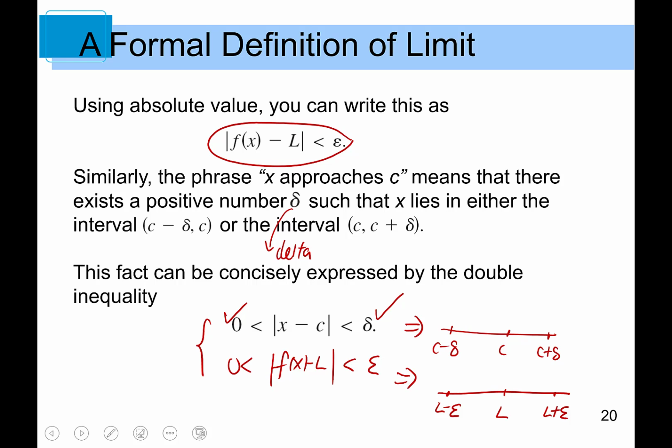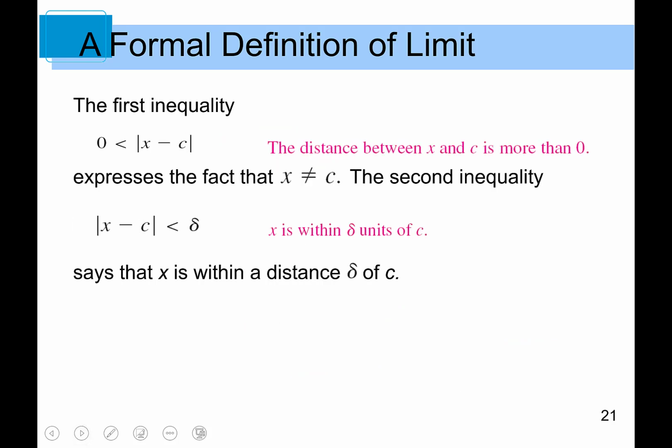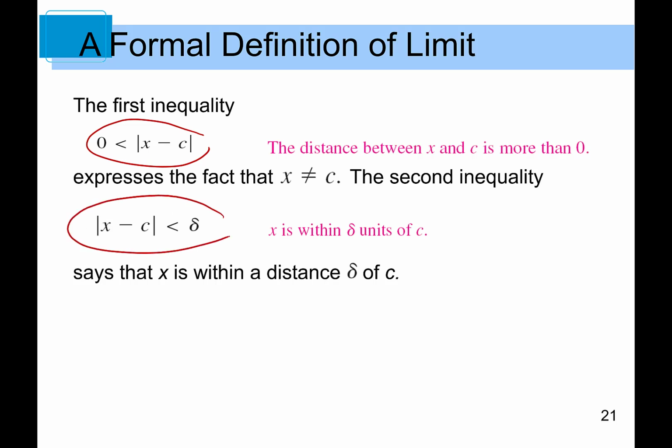So this is the formal definition of limit, and that's just a summary of what we just did, right? The first inequality is the absolute value of x minus c is greater than 0. The second inequality is the absolute value of x minus c is less than delta.